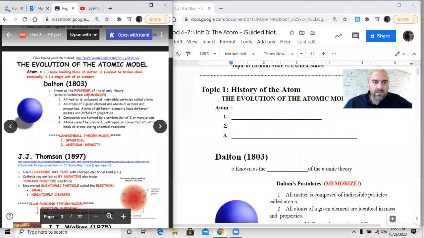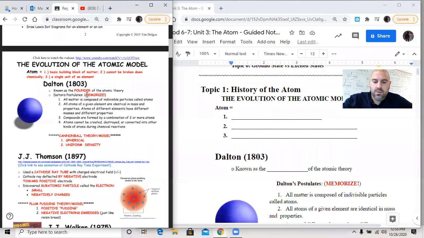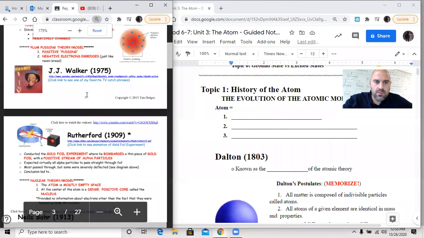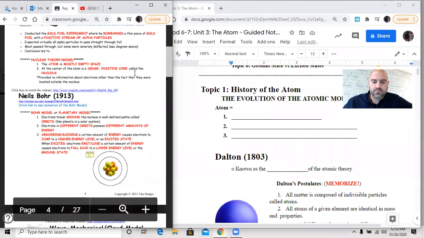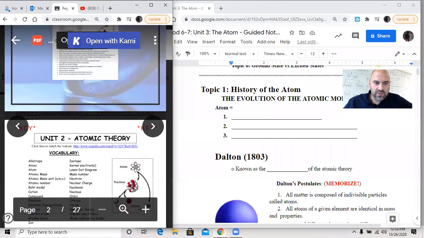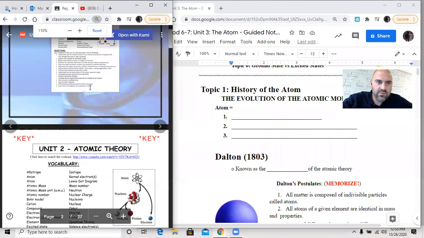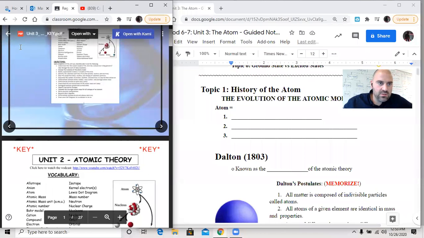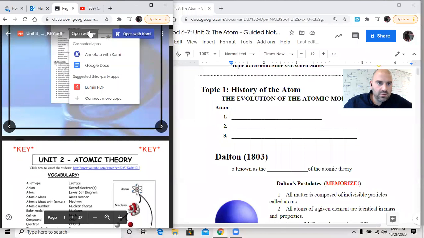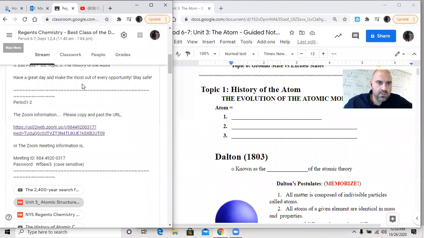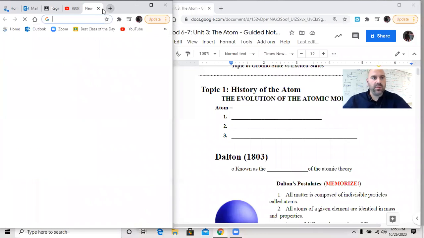All right, so the atom. Try and make this a little bit bigger for you, but it's not really working out. Probably have to download it first. Just open up somewhere else.